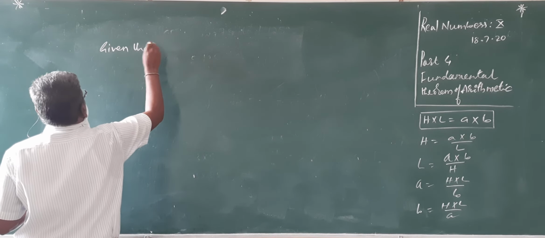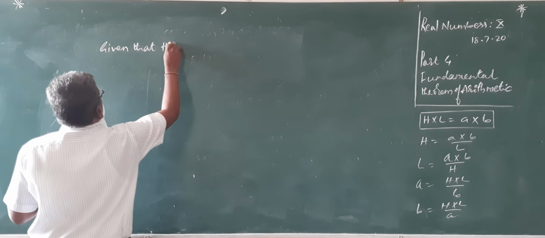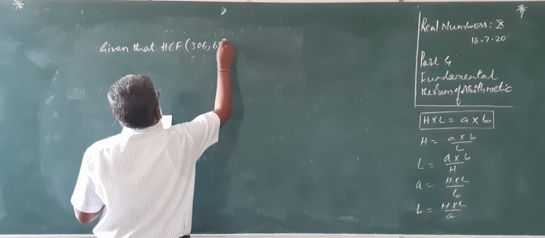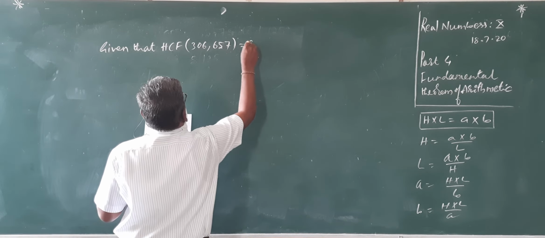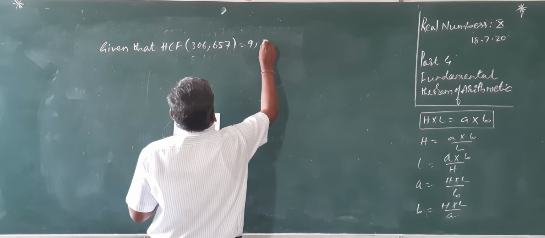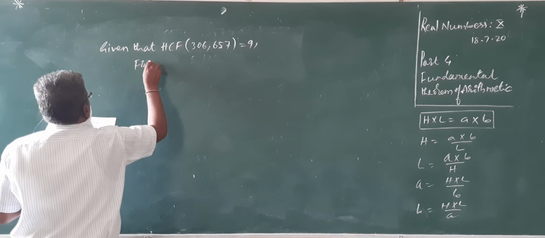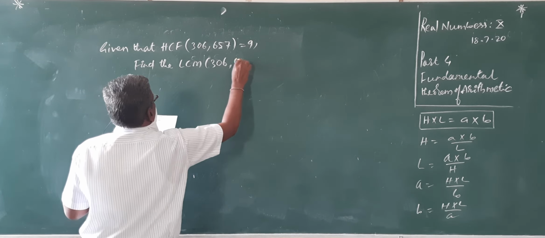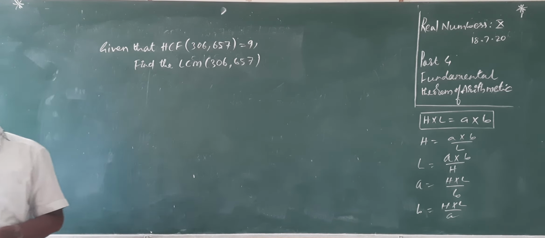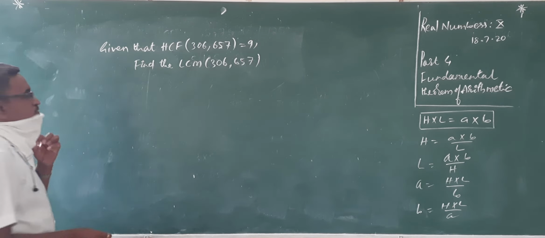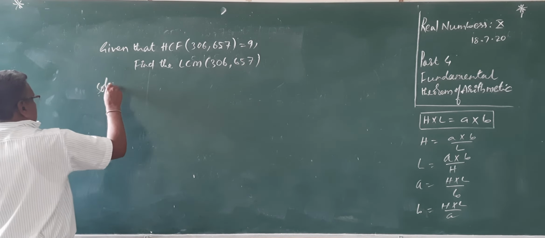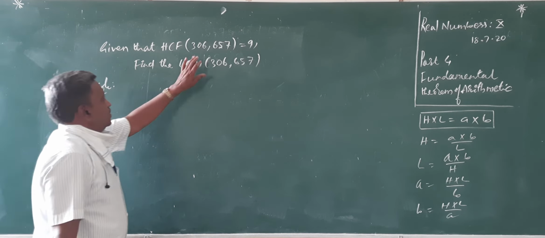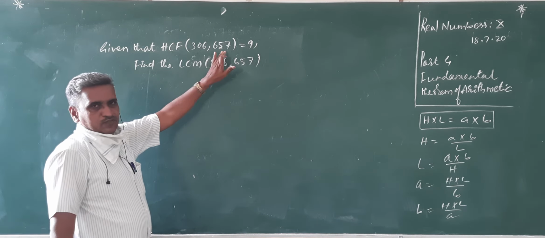Given that the HCF of 306 and 657 is 9, find the LCM of 306 and 657. Here A is 306, B is 657.